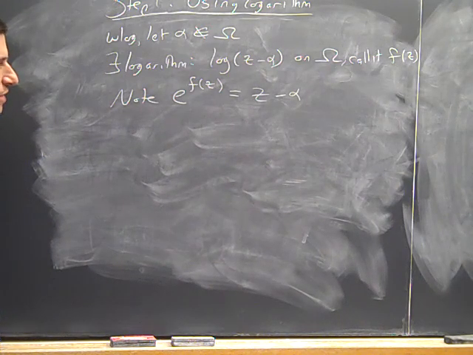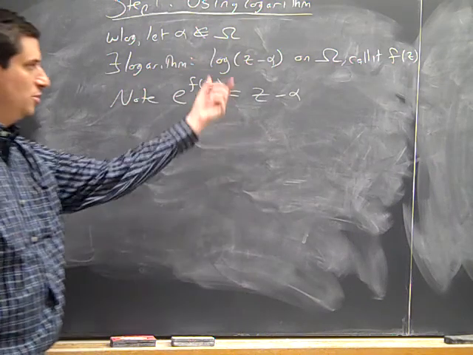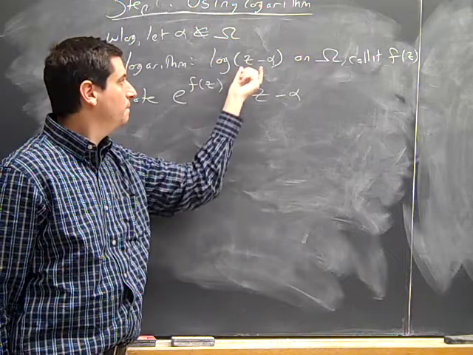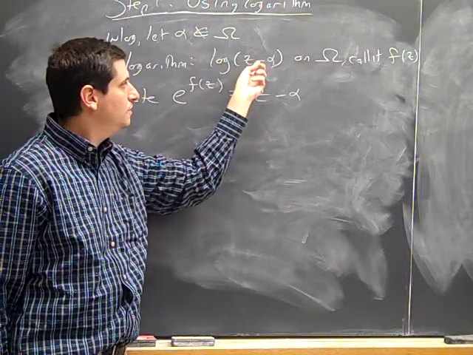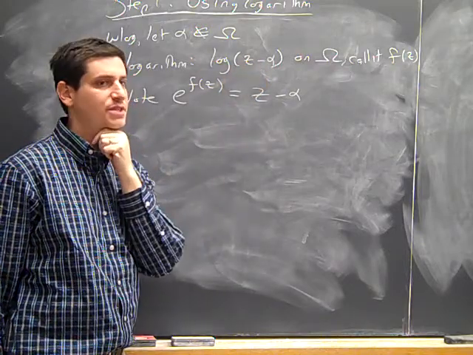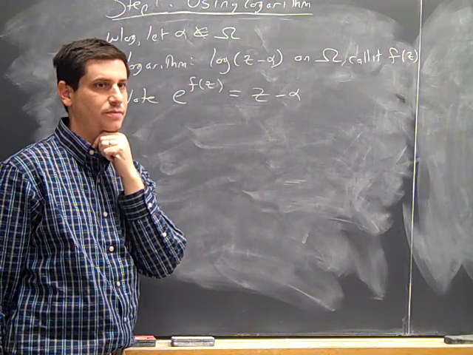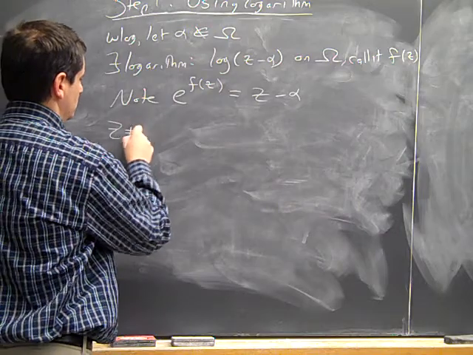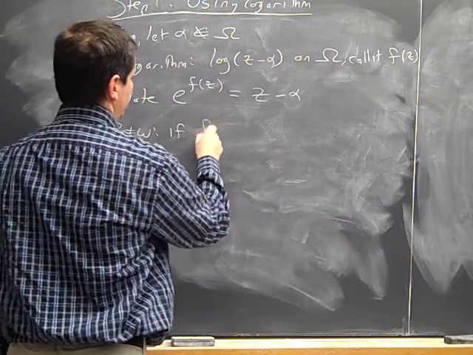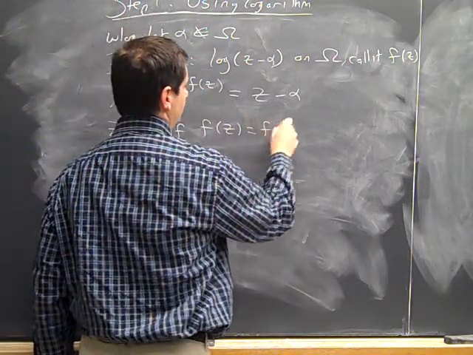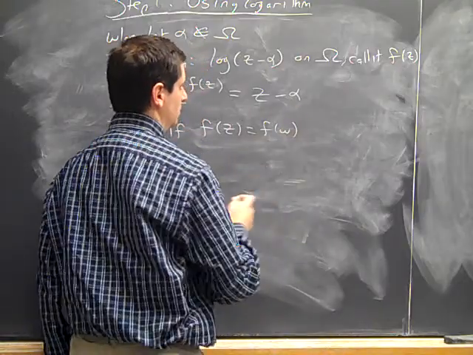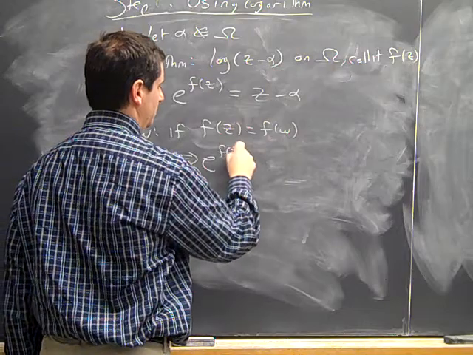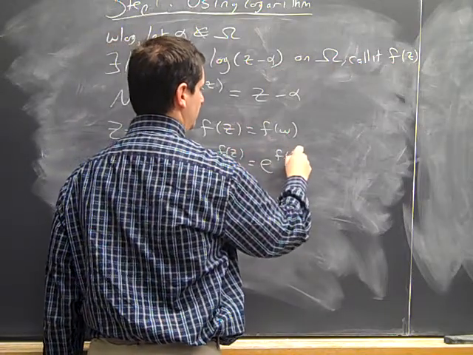Now, the question is, what kind of properties do we have about the logarithm? The exponential is, can two different numbers give me the same logarithm? Say z does not equal w. If f of z equals f of w, then e to the f of z is e to the f of w.